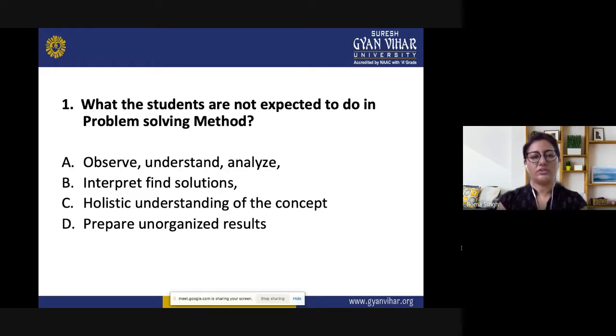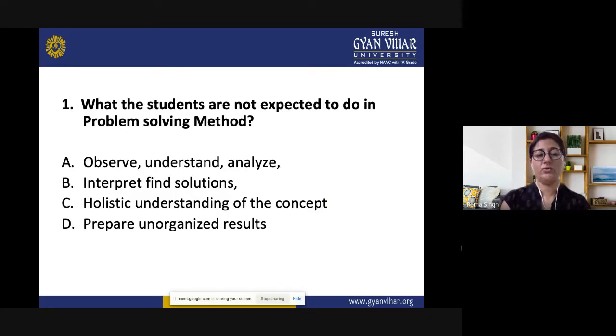The first question is, what are the students not expected to do in the problem solving method? The options are observe, understand, analyze, interpret or find solutions, holistic understanding of the concept, prepare unorganized results.